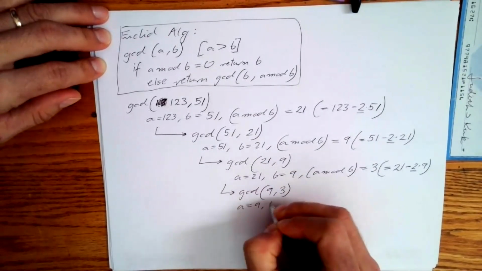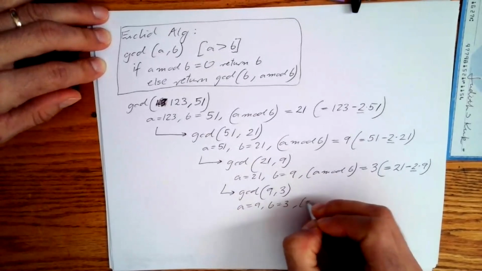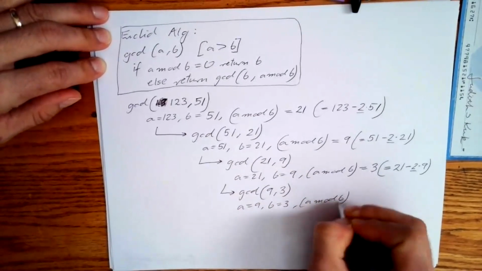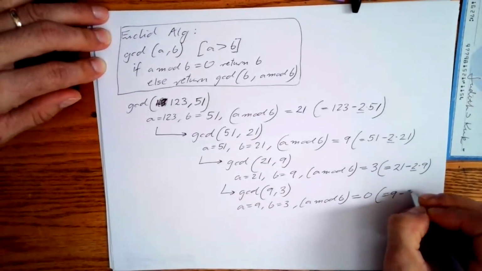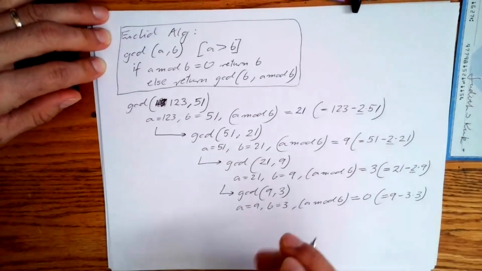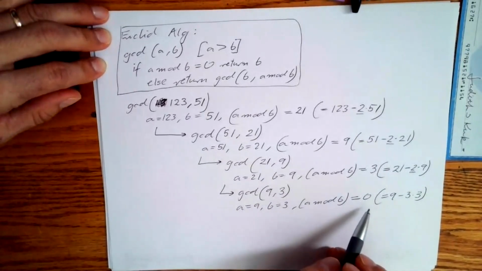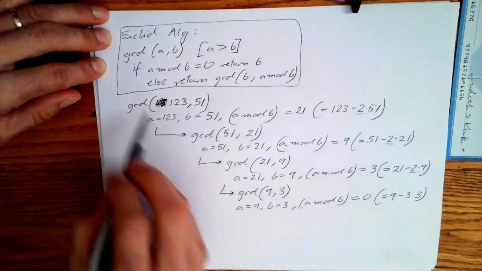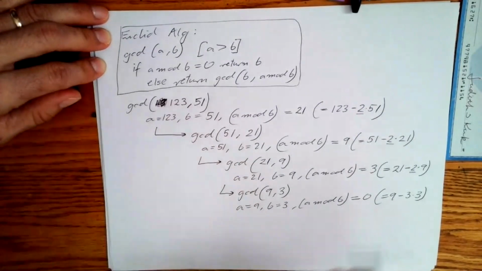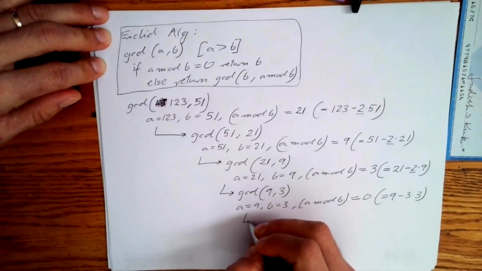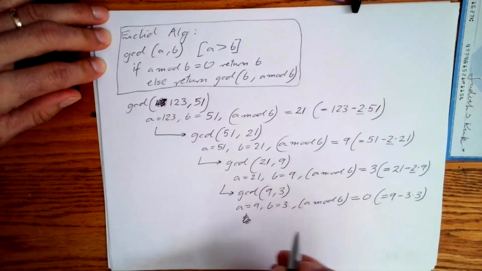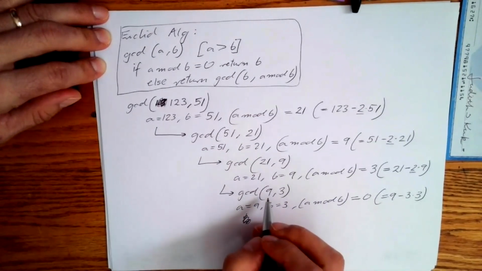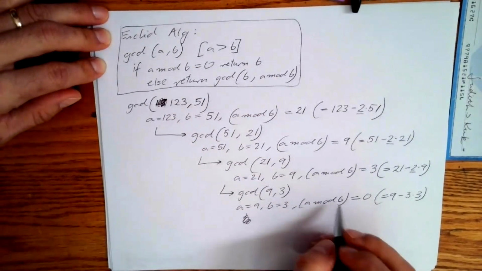So A is 9, B is 3, A mod B is 0, right? Because it's 9 minus 3 times 3. So A mod B is 0, so that hits the base case, right?